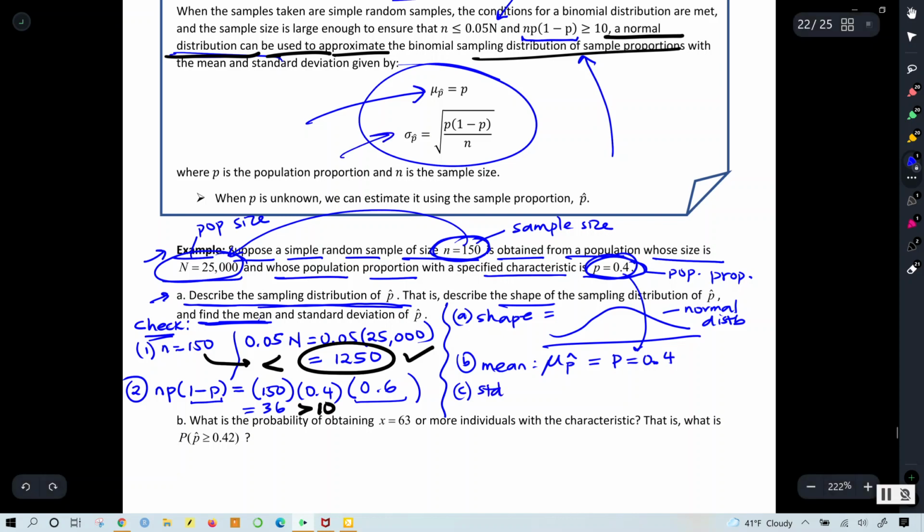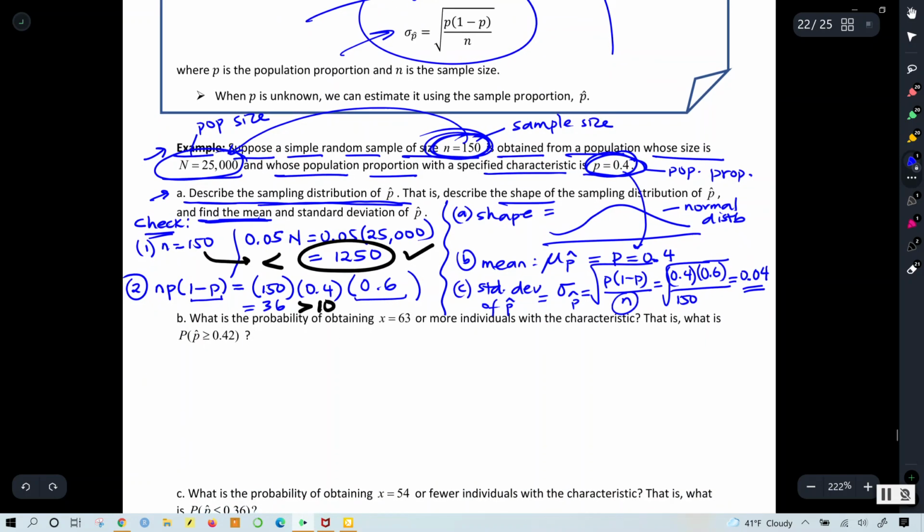So standard deviation of P hat is equal to the square root of P times 1 minus P all over N. This will be equal to 0.4 times 0.6 divided by N. N again is 150, and that gives you 0.04.